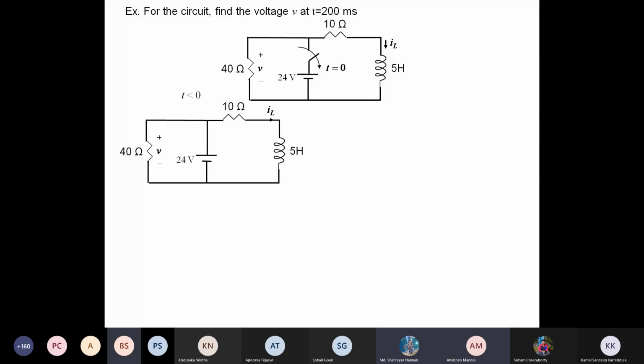Sir, initially it will get charged. Inductor will not store energy because it is DC, sir. di by dt is equal to 0. Yes.